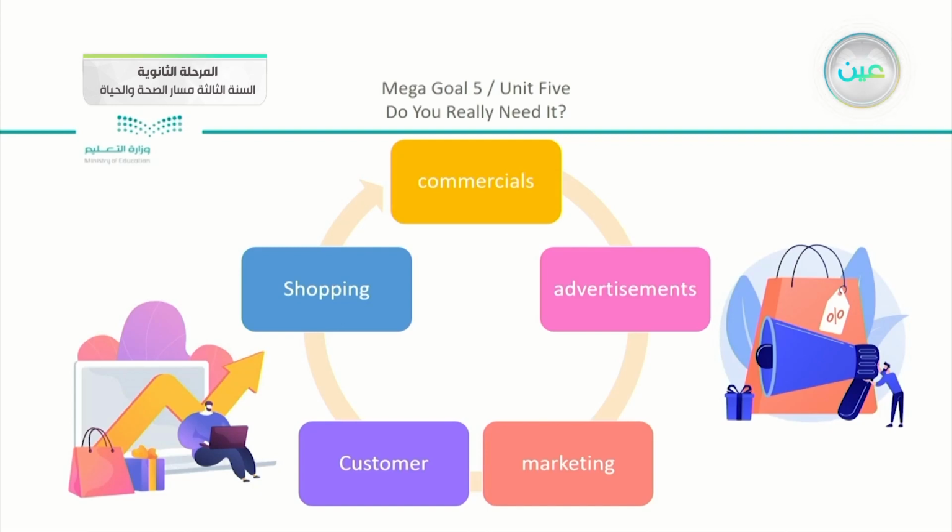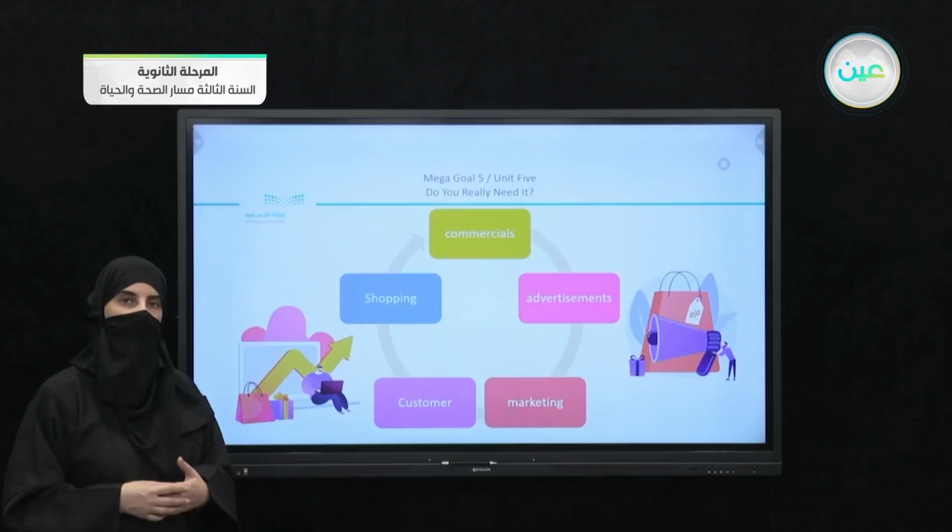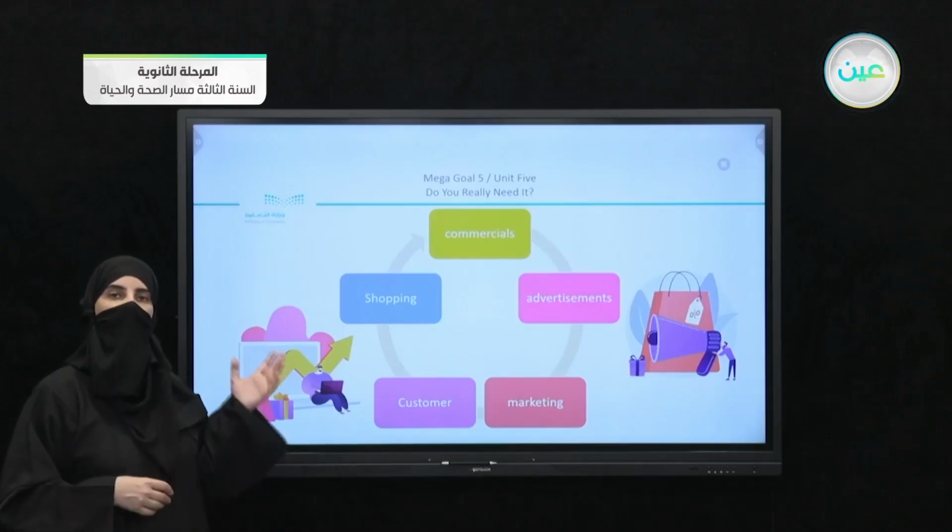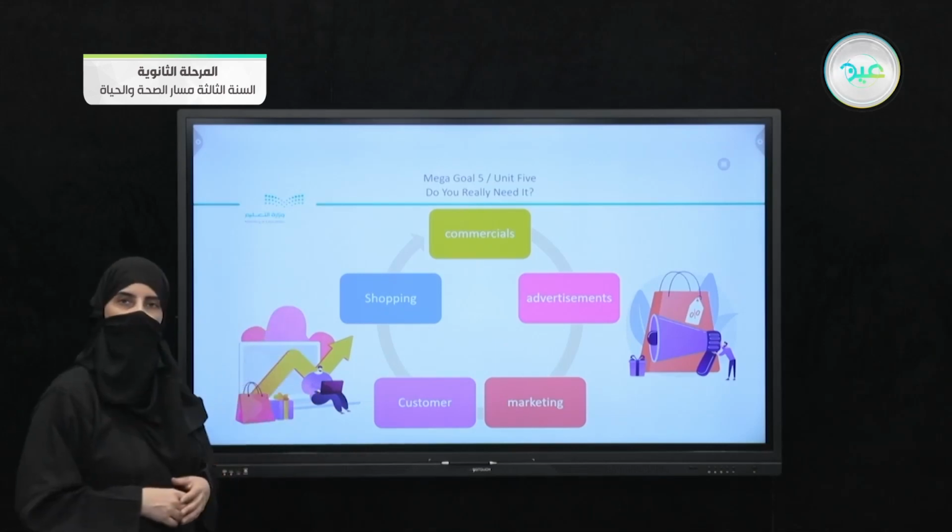They have one reason, which is marketing here. And the marketing, of course, is directed to the customer, so we have here a message they want to send to the customer, and of course the customer will do the shopping.